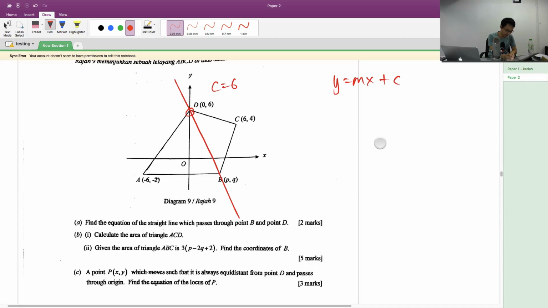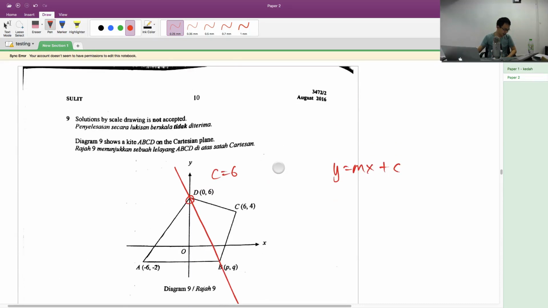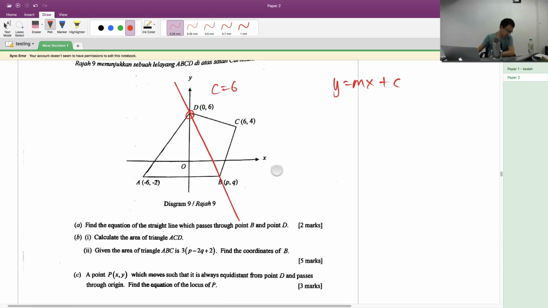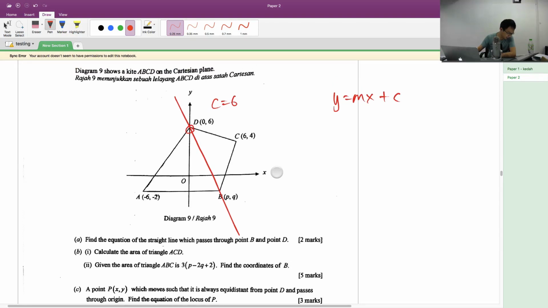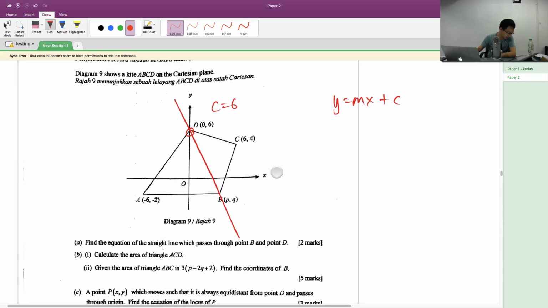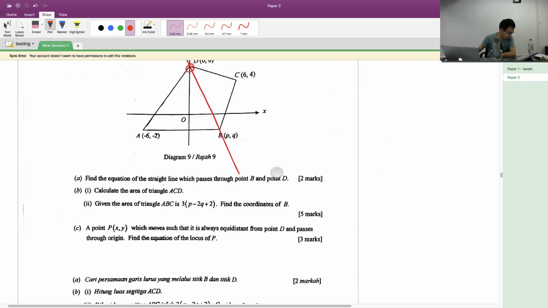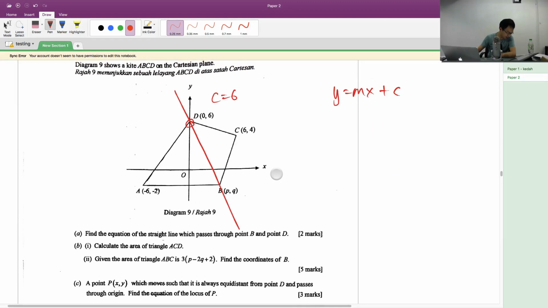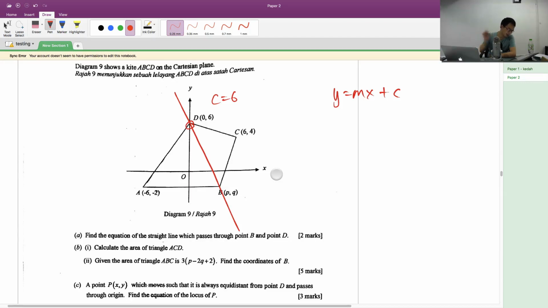Find the equation of straight line passing through B and D. Okay, so this is parallel. I guess there's some sentence here. No, the sentence doesn't help at all. Is there any information we miss here? Find the equation of the straight line passing through point B and point D. I just hate this question, it gives so little information. Assume they are parallel. If not, we really need a lot of information.